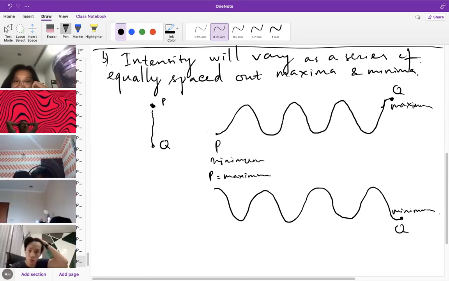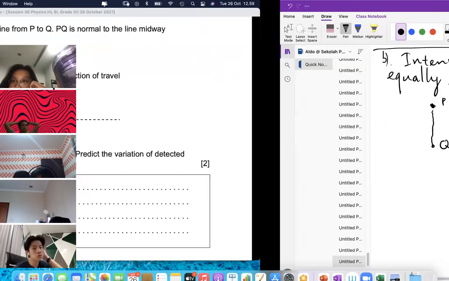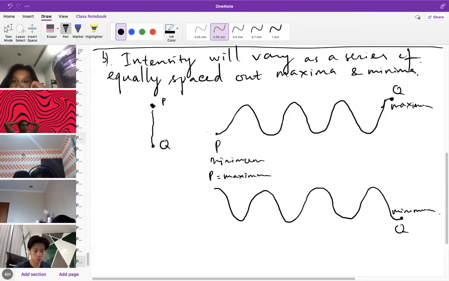Sir, I still don't get it. It's like when moving. Do you know the Doppler effect? The Doppler effect is when you are standing and an ambulance passes you at high speed. You will hear a series of maximum and minimum, right?